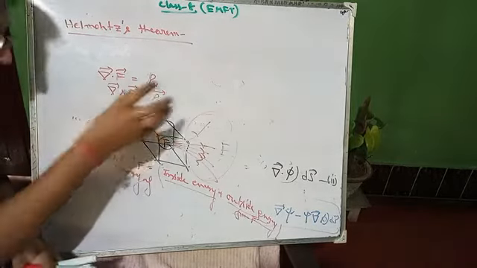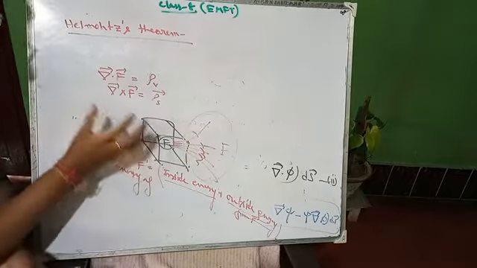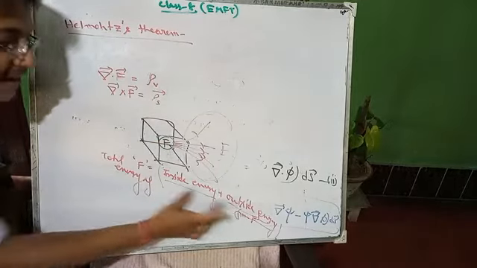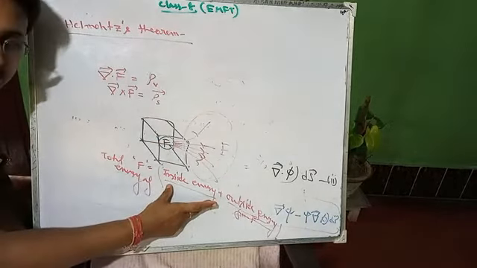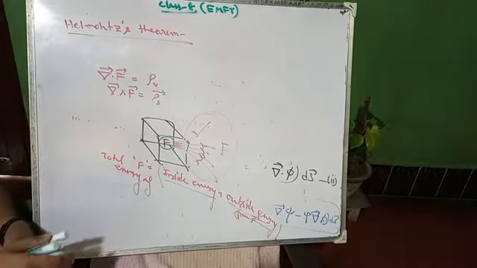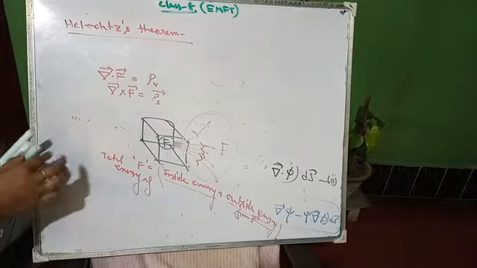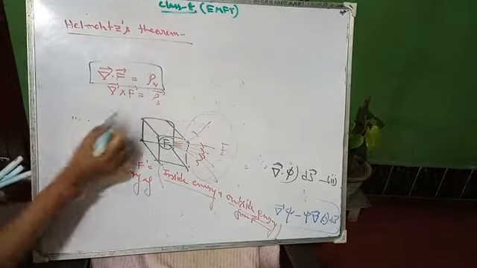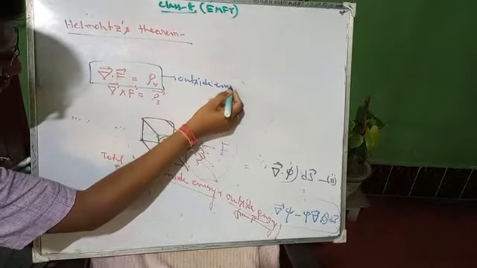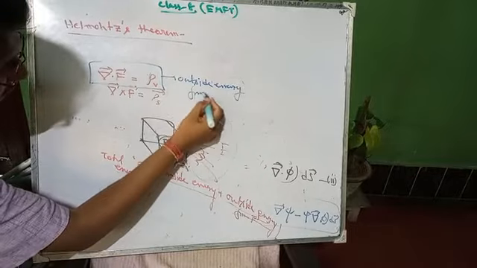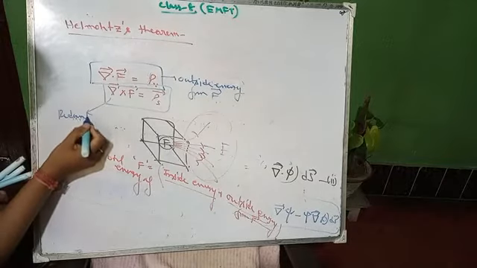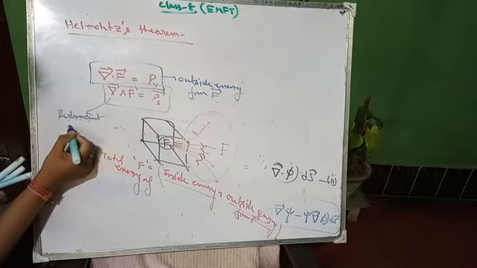So F is a vector which shows an energy system, and this energy can be expressed by adding these two terms: the inside redundant energy added with the outside energy from F. Similarly, this term, divergence of F, means the outside energy from the F vector, and this one is the redundant inside energy.